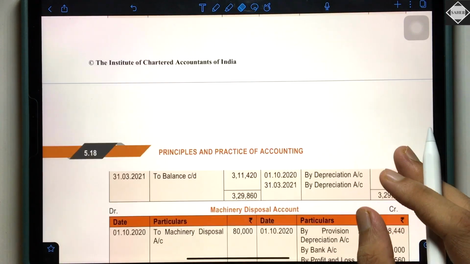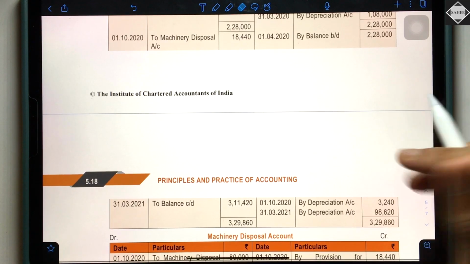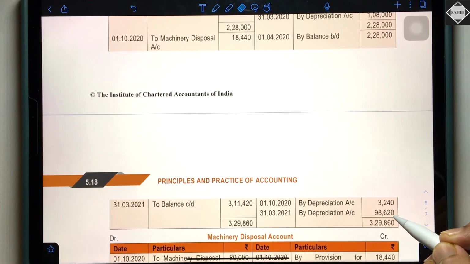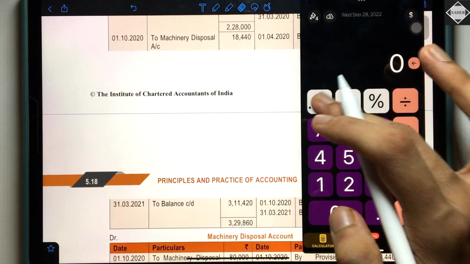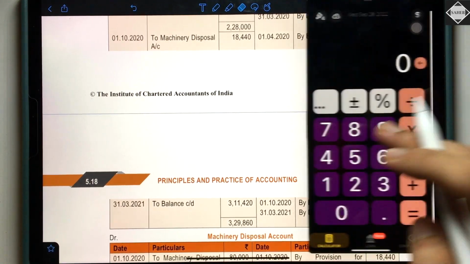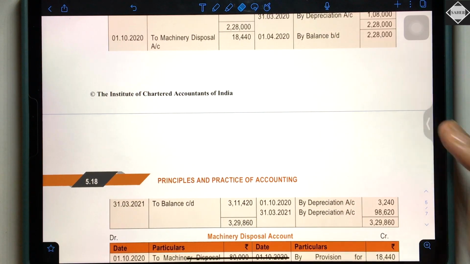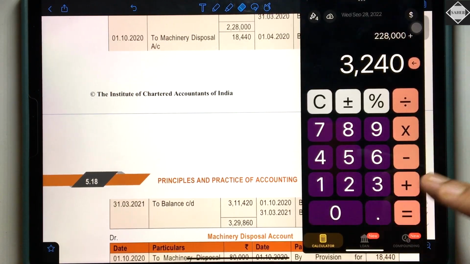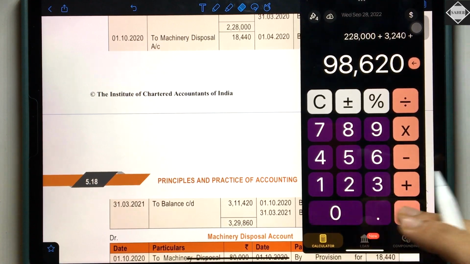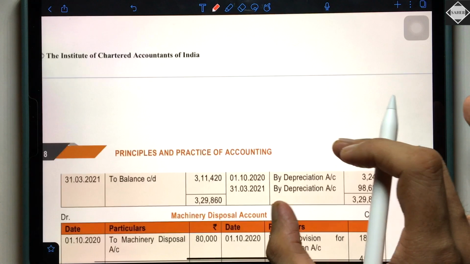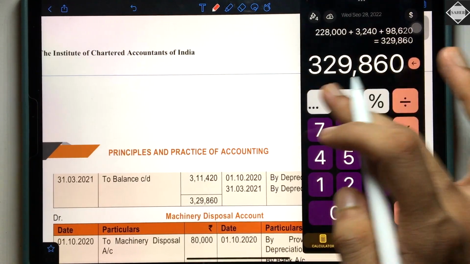Clear? Now what you will do, you will just balance this account: 2,28,000 plus 3,240 plus 98,620. Just add it up and see how much it is. That's equal to 3,29,860, isn't it?